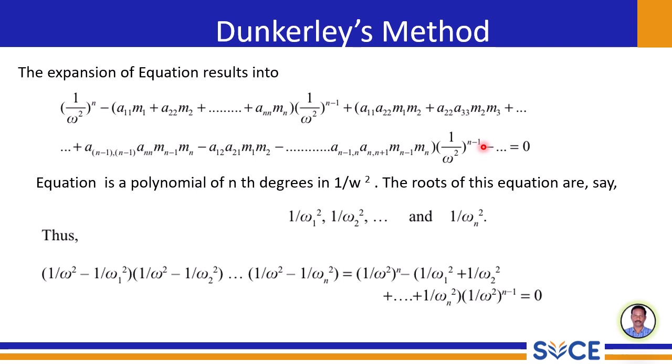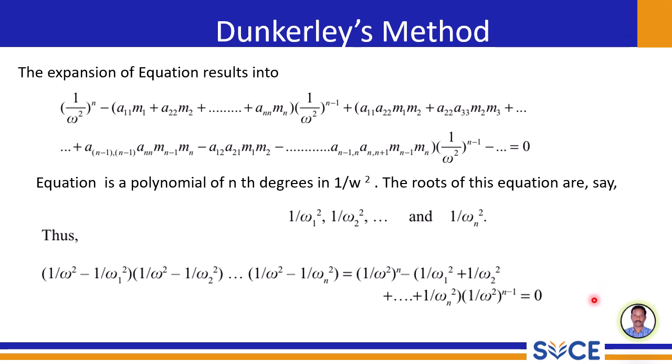Looking at our expanded equation, we can see that this coefficient will be equal to a11 m1 plus a22 m2. Therefore, we can write the sum of the roots in this form.